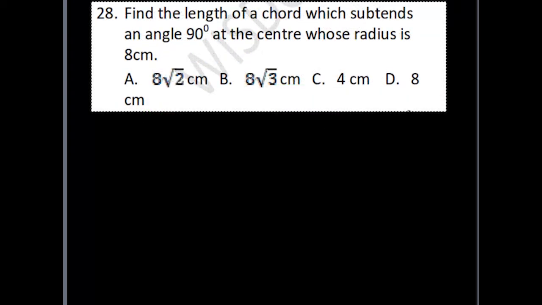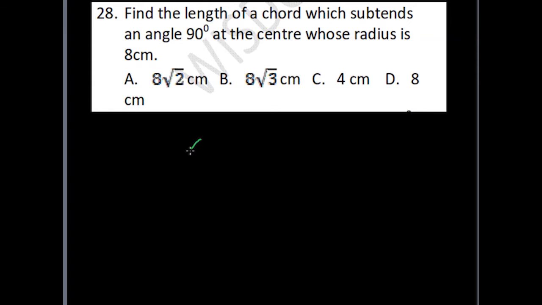28. Find the length of a chord which subtends an angle of 90 degrees at the center, whose radius is 8 centimeter.